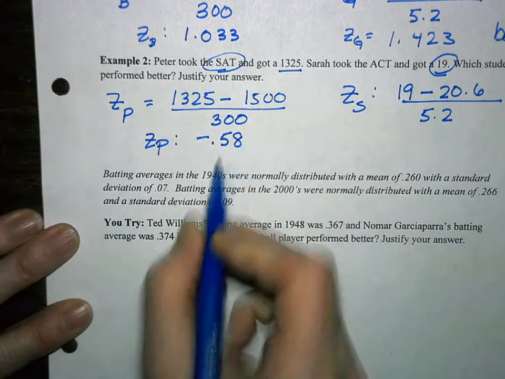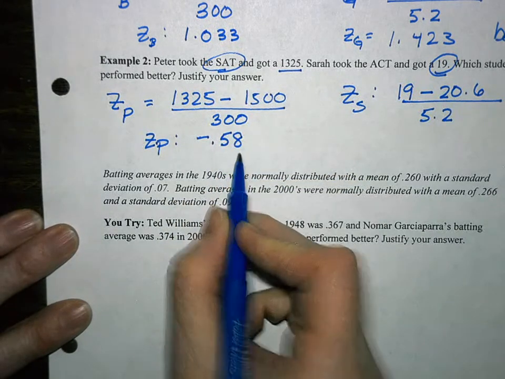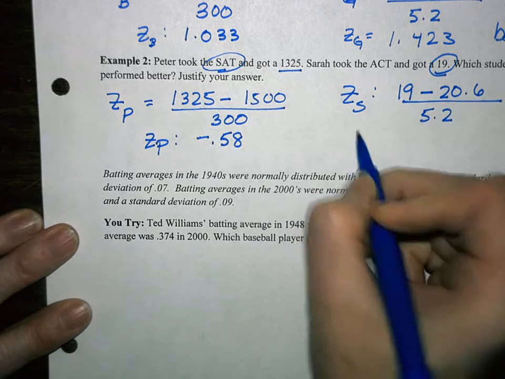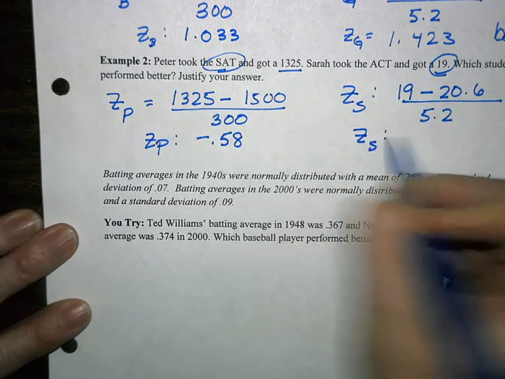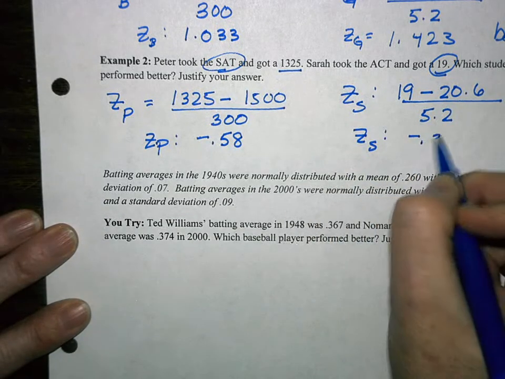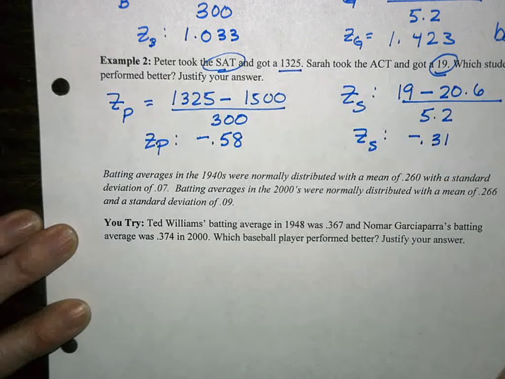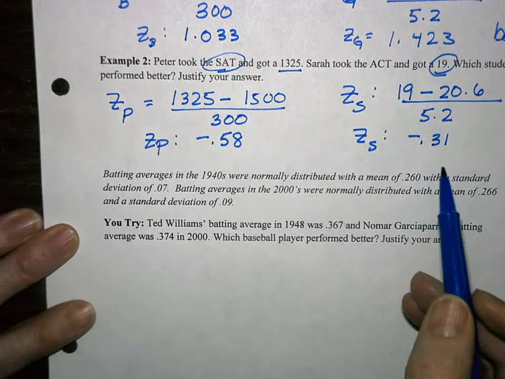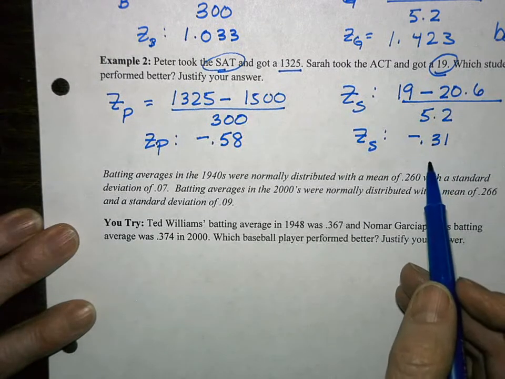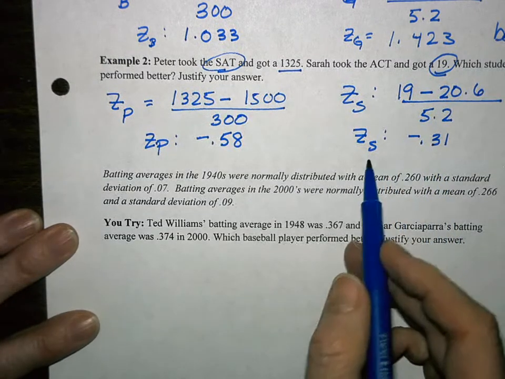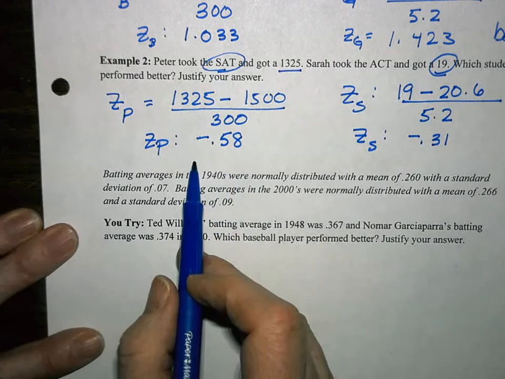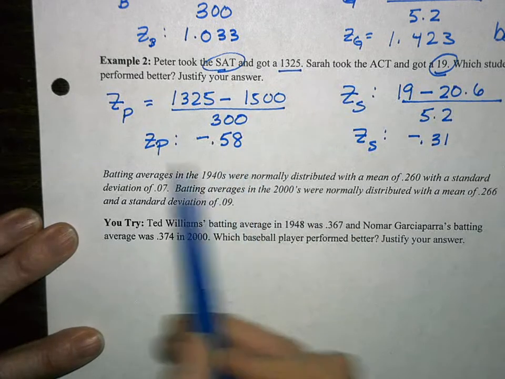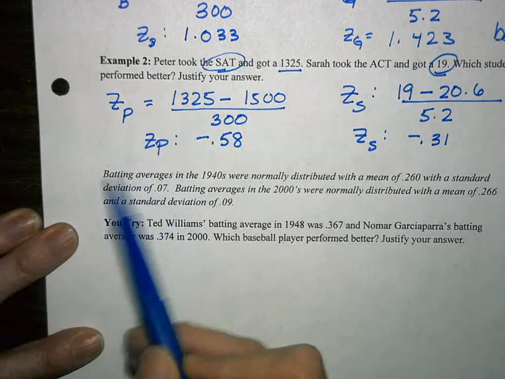So, always a good idea to see what you're expecting. When I do this on my calculator, I get negative 0.58. So Peter is this far from the mean in the negative direction. The z-score for Sarah is negative 0.31. And so who did better?